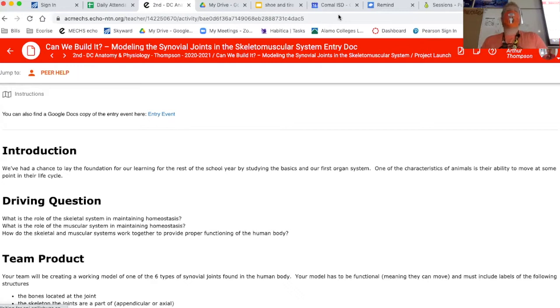And so we're gonna look at how they maintain homeostasis individually, but what this project really gets into is how do those systems work together? If you remove one, the other one can't function.